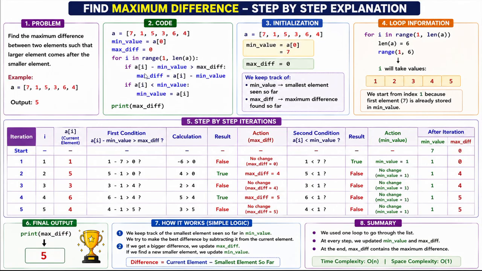And here the second condition. See, when we have two ifs, it will check both conditional statements. If we have another if, it will check that one also. Now the second condition. What is a of 1 here? 1 less than, what is the minimum value here? 7. 1 less than 7, it is true, right?